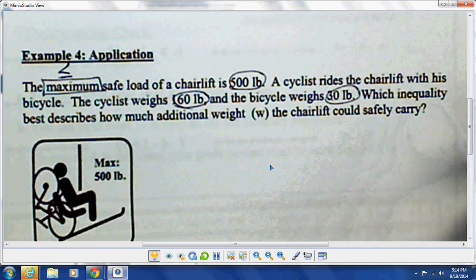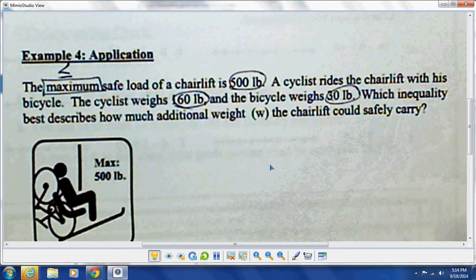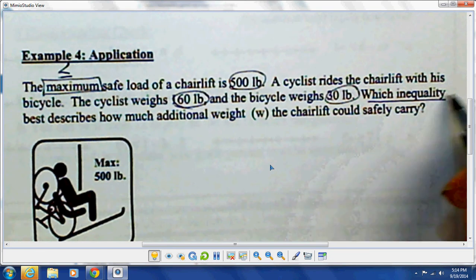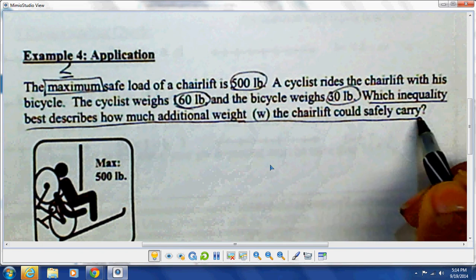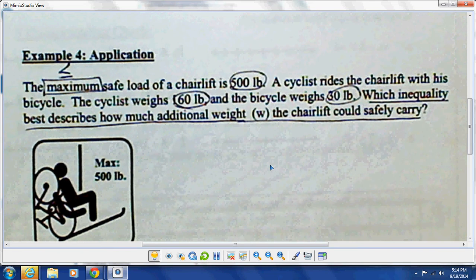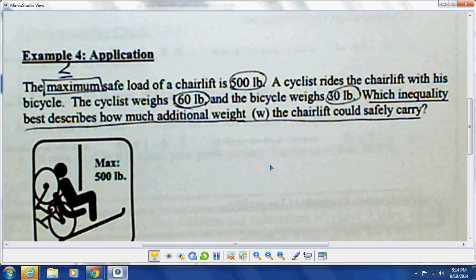That's going to be added together. Now the question asks, which inequality best describes how much additional weight, W, the chairlift could safely carry? So we're trying to find out what I can add to my 160 and my 30 but not go over 500 pounds. I can touch 500 but I cannot go over it.